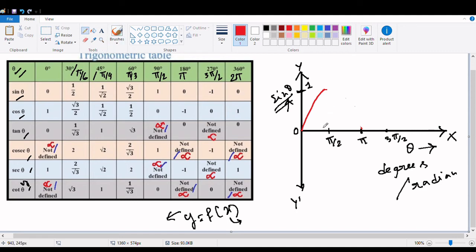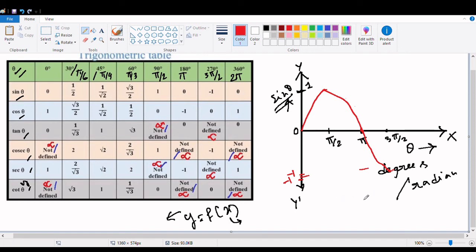So it will be like here. Again at 3 pi by 2 it will have the value minus 1. So for example, this is minus 1, and at 3 pi by 2 the graph will look like this.